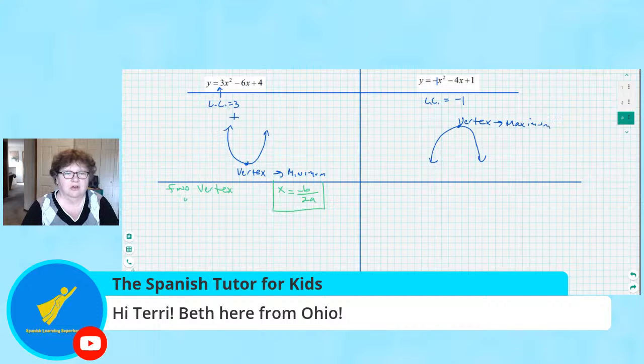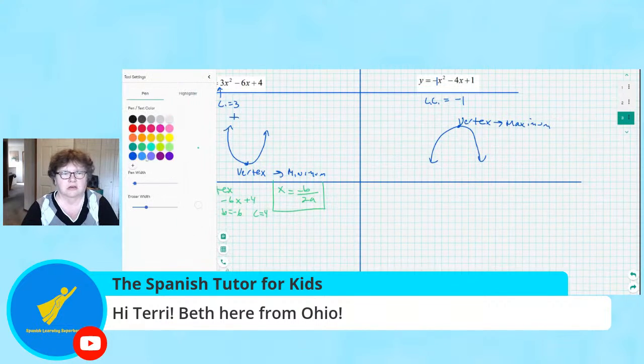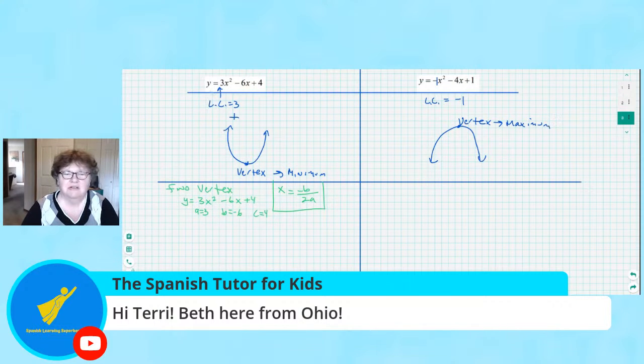It goes in order. If I have y equals 3x squared minus 6x plus 4, then a is 3, b is -6, and c is 4. Now I'm just plugging that into the equation.